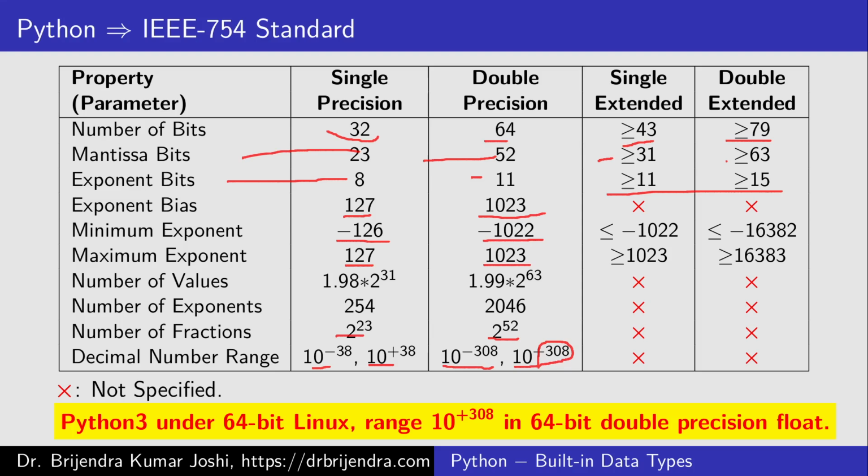Now Python 3, which I am using under 64-bit Linux, the range is 10 to the power plus 308 in 64-bit double precision floating point number. One thing to remember, these crosses in red mean this has not been specified.